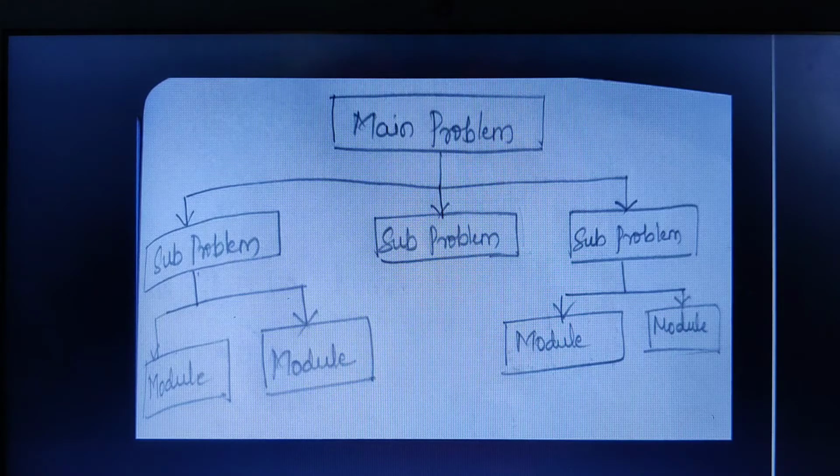Finally, the detailed sub problems could be worked with minimum or no change. That means, whenever any problem or program is given to you, you will try to divide it into subtasks. First, what we have to do, what will be my next step, what will be the third step, like that you will try to figure out.